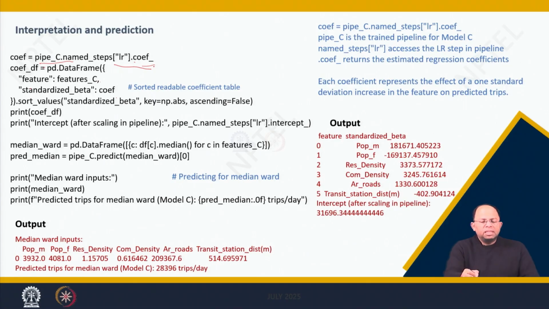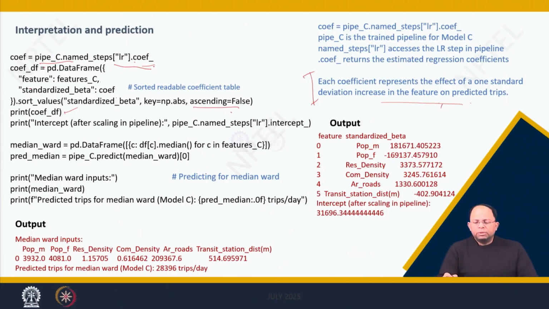Once we have done that, we can organize it in ascending order and print those coefficients, right? Each coefficient represents the effect of one standard deviation increase in the feature on predicted trips, because we are not using absolute values; we have taken scaled values, and the standard scaler allows us to scale as per standard deviation. So that is happening over here, right?